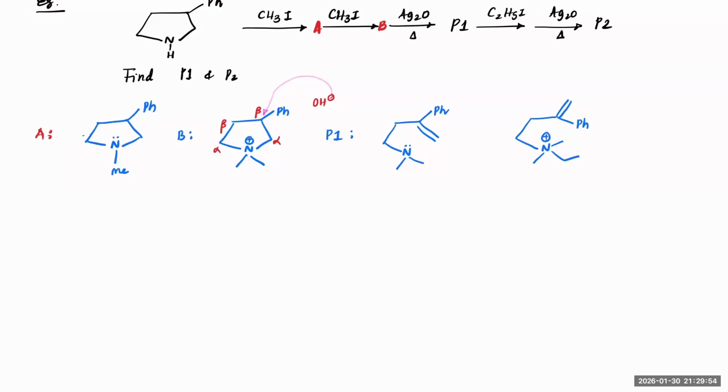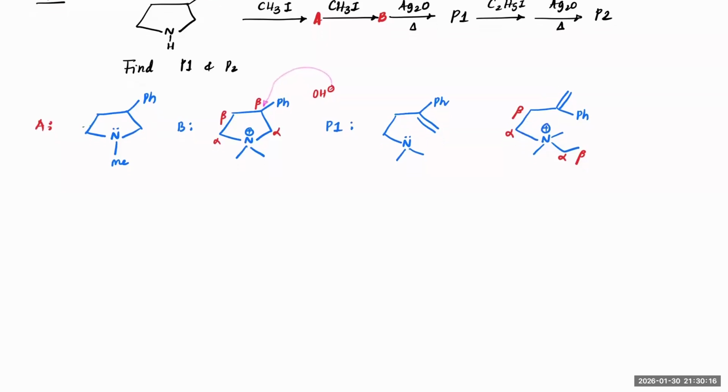Now check this out carefully. We have again two types of beta here. This is alpha, alpha, beta, and beta. So there are two types of beta you can make here. We can make a double bond here, which can make a conjugation on this end.